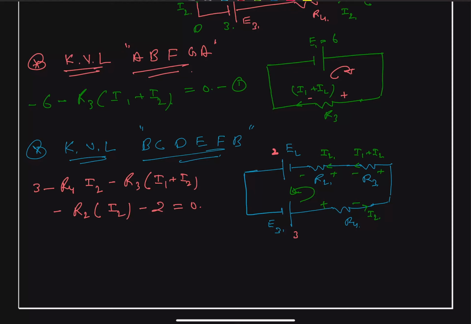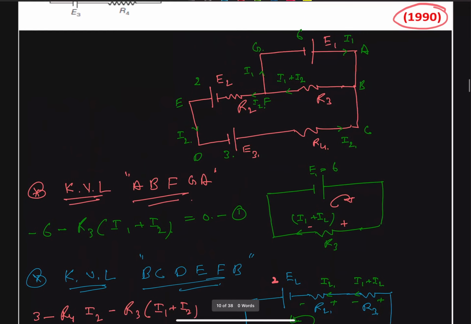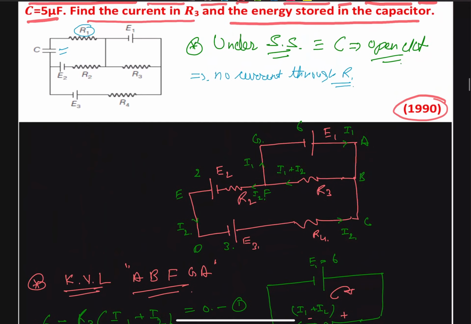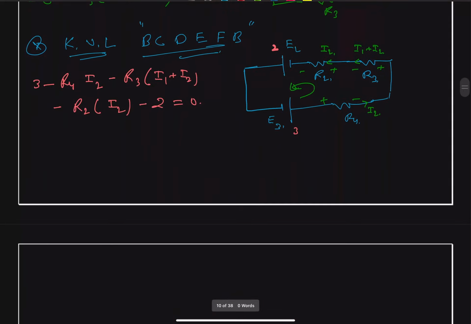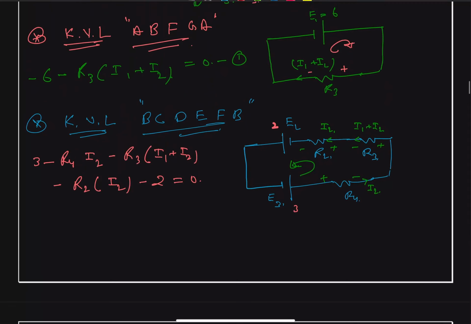Okay, I think all the source, let me check the directions are the correct one. E1 is correct, E2 is correct, and E3 is also correct. That looks good. And we already know that the value of R3 we can substitute here.